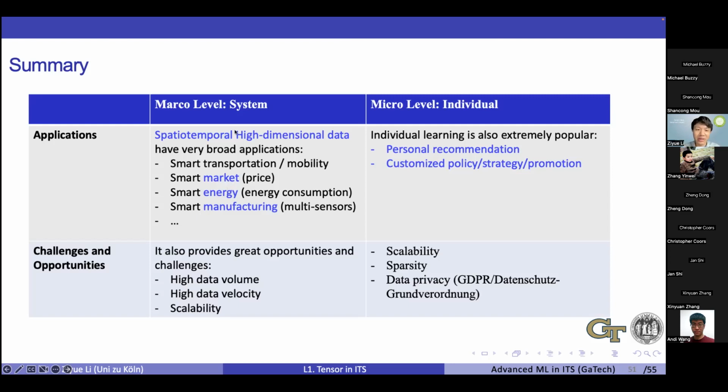We can all observe this spatial temporal high dimensional data, and we show how tensors can help solve it. And also at the individual level, we show how the tensor topic model can learn some interesting clusters for personal recommendation or for more customized services.